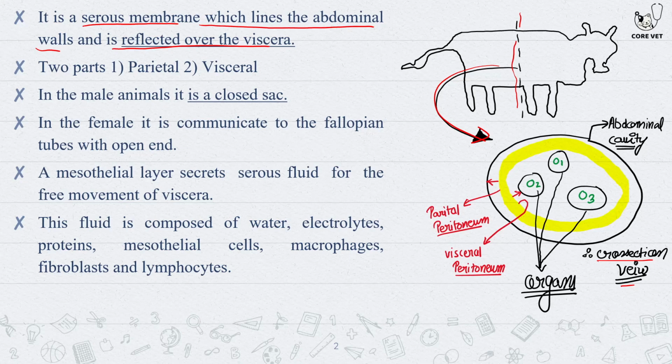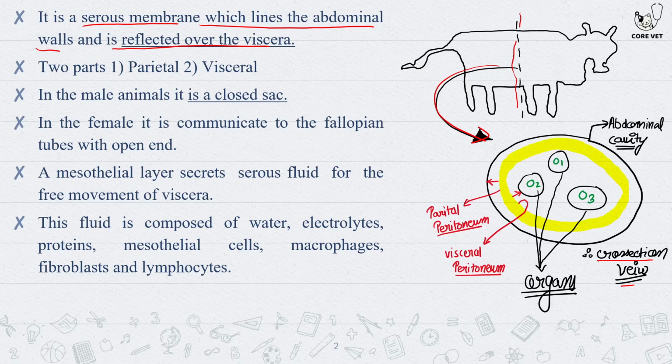Now, we all know that in the abdominal cavity there are abdominal organs. Say O1, O2, and O3 are the organs present in the abdominal cavity. We all know that we have an abdominal cavity in our body, right? That abdominal cavity contains certain organs, say O1, O2, and O3.